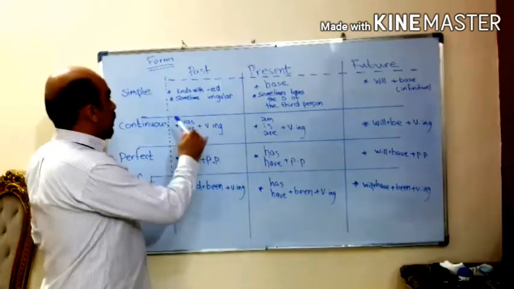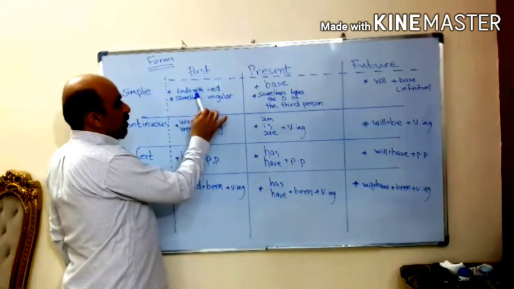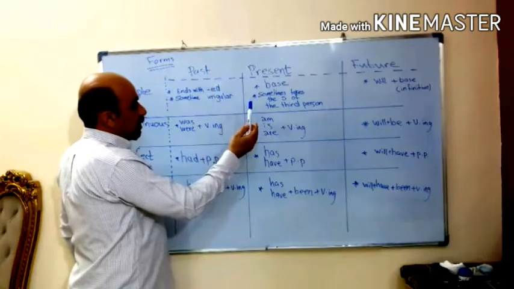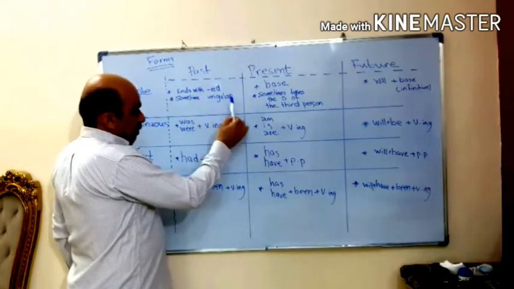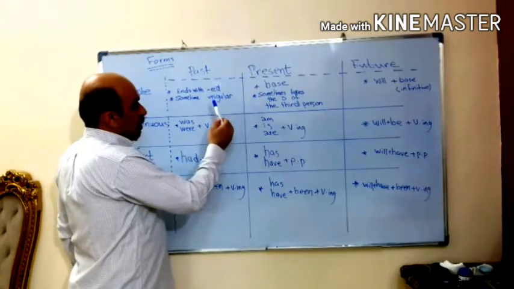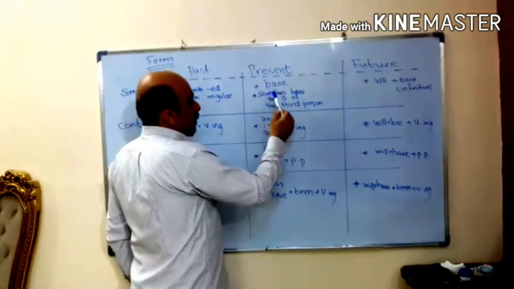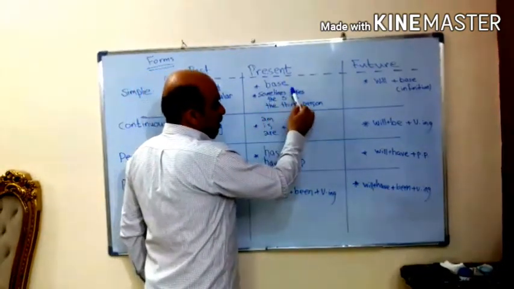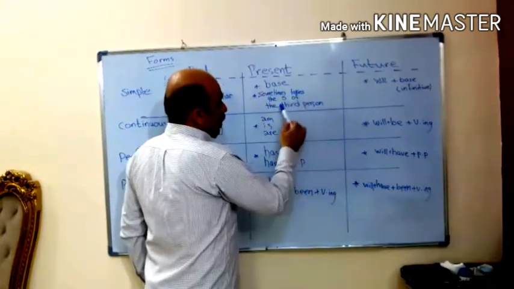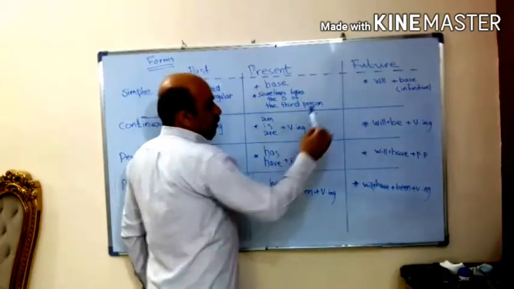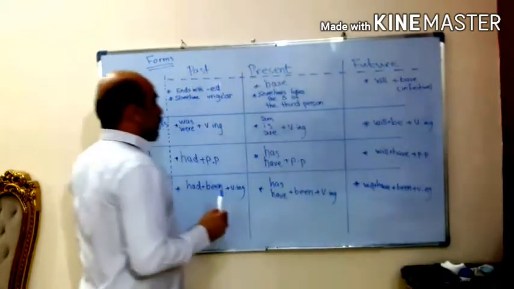For the past simple, the past ends with -ed for regular verbs. For the present simple, it is the base infinitive, and sometimes takes the -s of the third person. For the future, we have will plus base infinitive.